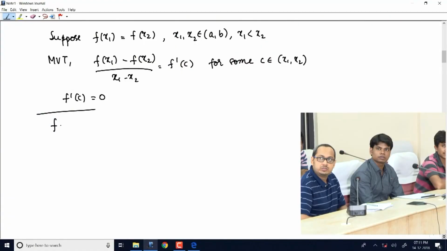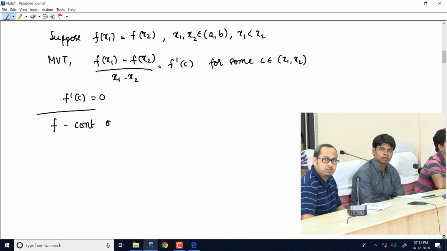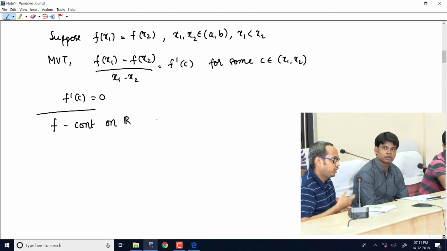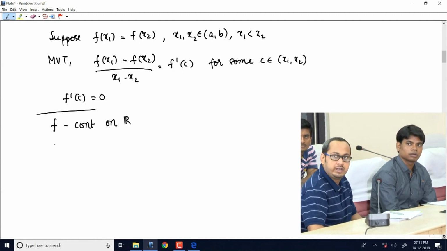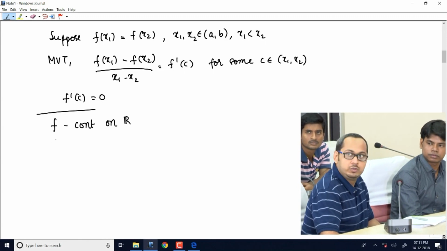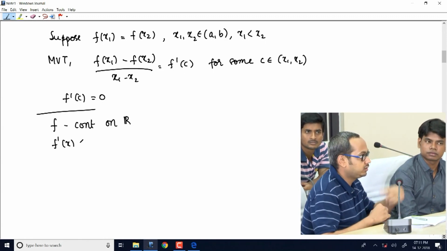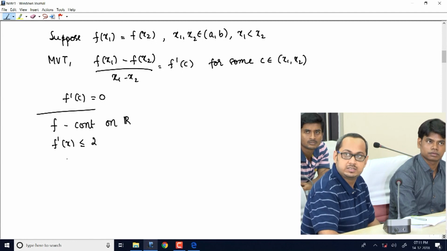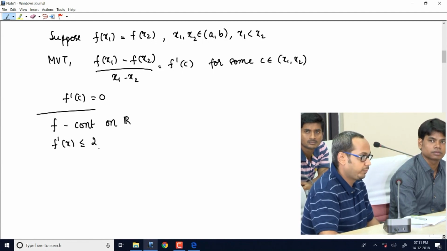That was a good discussion. Now, do you have any questions in your quizzes where you want to use the mean value theorem? So you can take this question like this. Now you have a continuous function on the whole real line R, and it is differentiable also with an extra condition like the first question: f dash x is bounded above by 2.